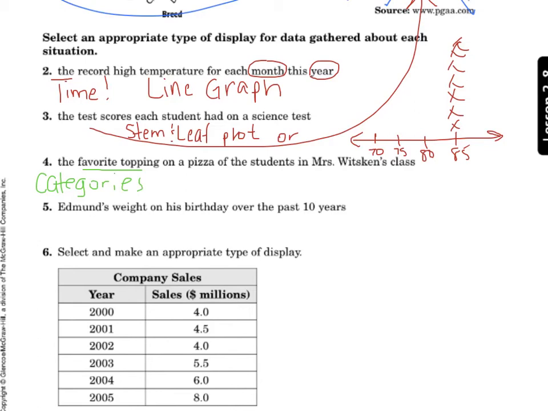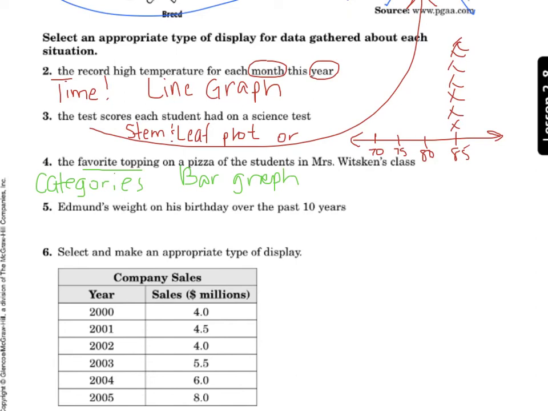Which graph was best for categories? The bar graph. Good. That was Sandra Trejo. Very good, Sandra. Bar graph is the best one for that.